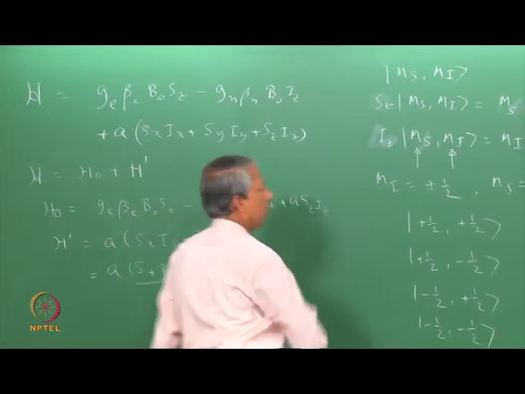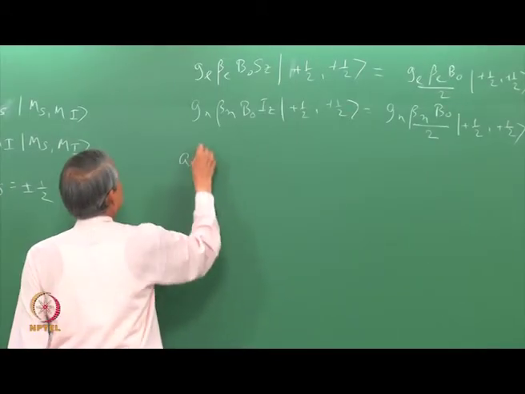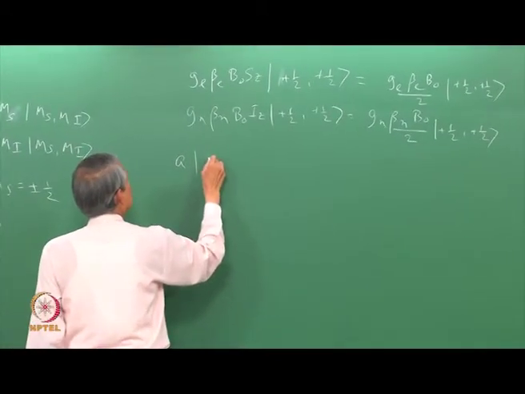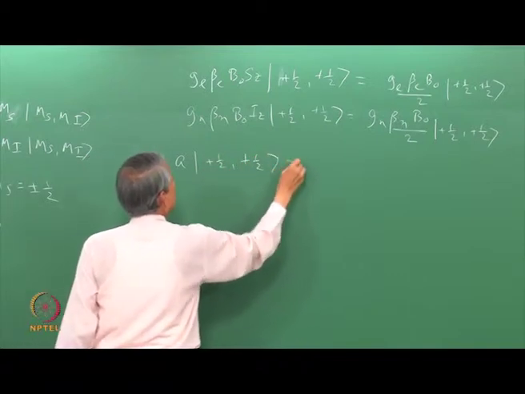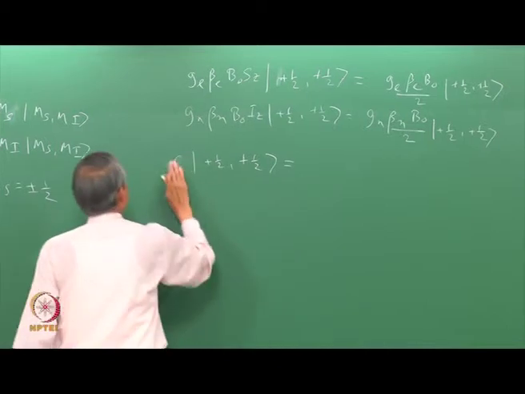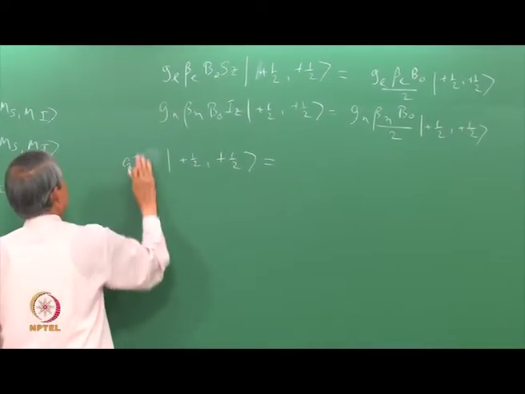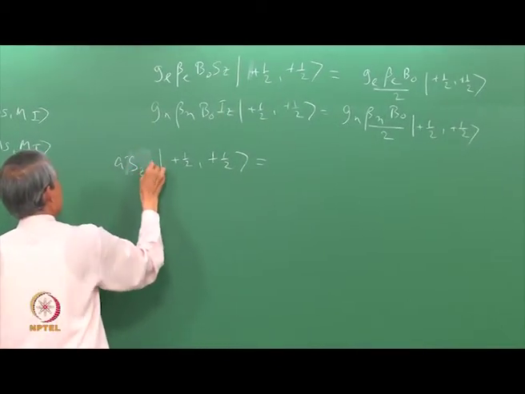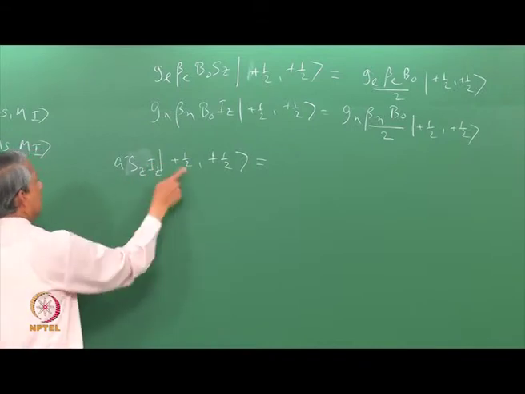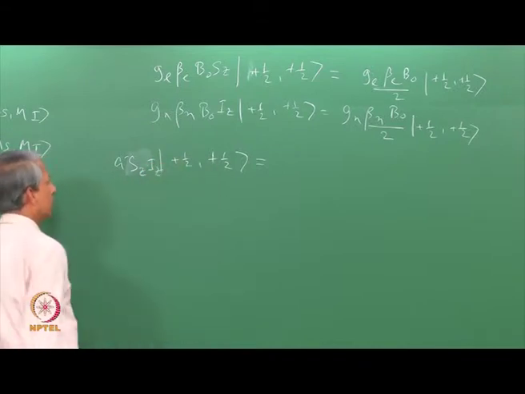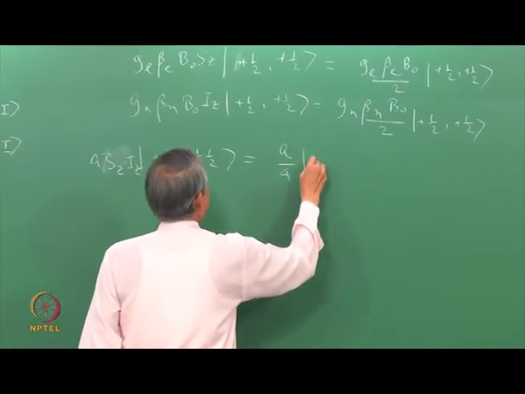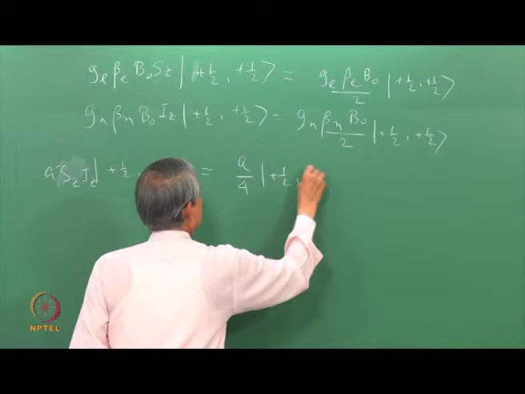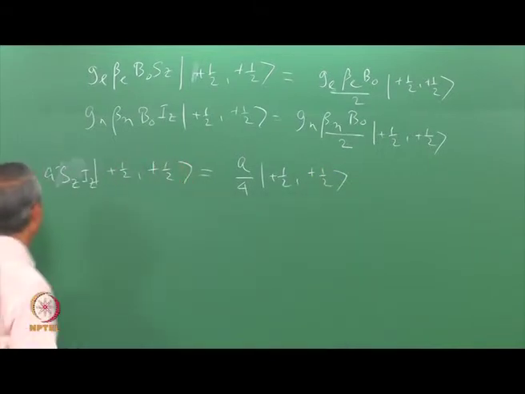Now A Sz Iz operating on, let us say, plus half plus half will give, so A Sz Iz, this operating on this gives plus half, this operating on this gives another plus half. So, this gives A by 4 for plus half plus half.